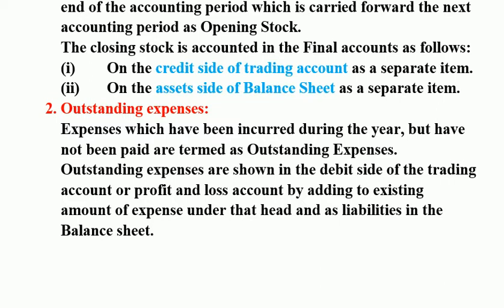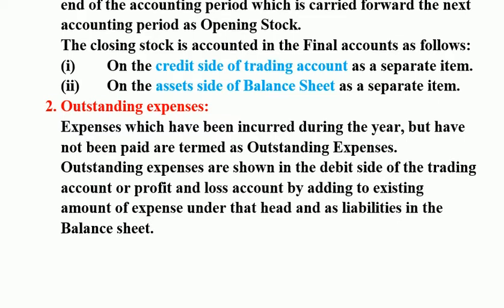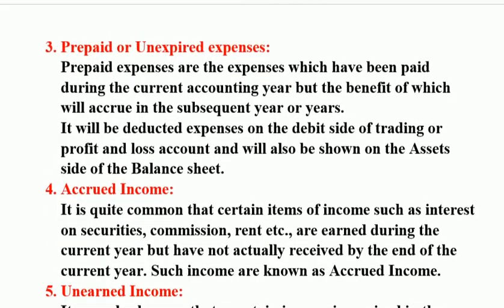And the other thing is that it will also be recorded on the liability side of the balance sheet. So the effect of outstanding expenses will be in your trading account or profit and loss account, where it will be added to the concerned expenses, and it will be recorded on the liability side of the balance sheet. So I hope it is also clear.